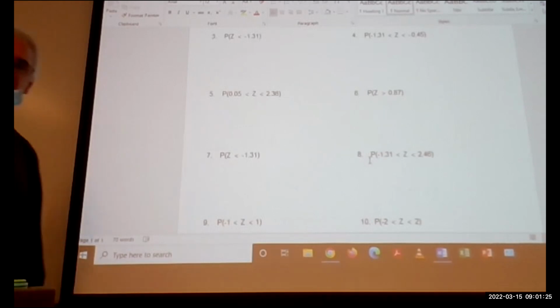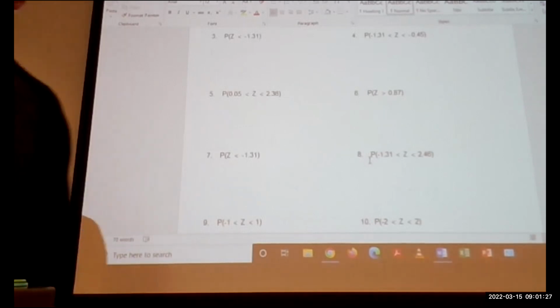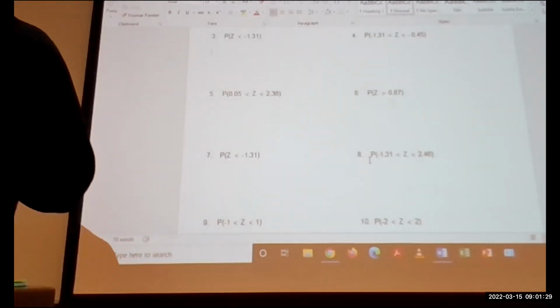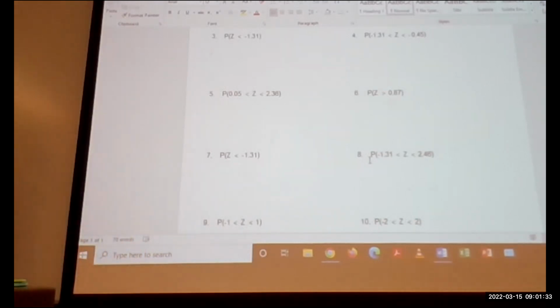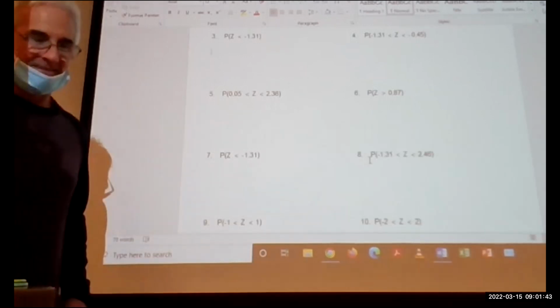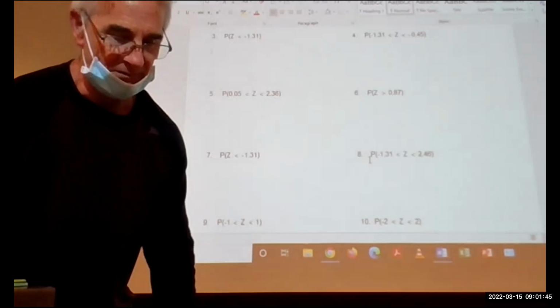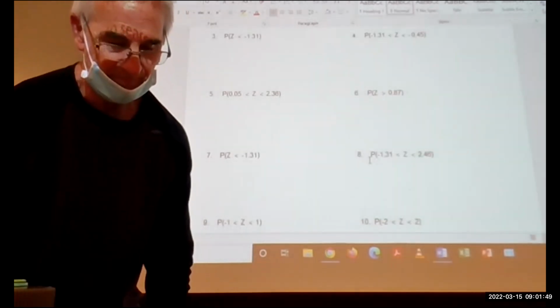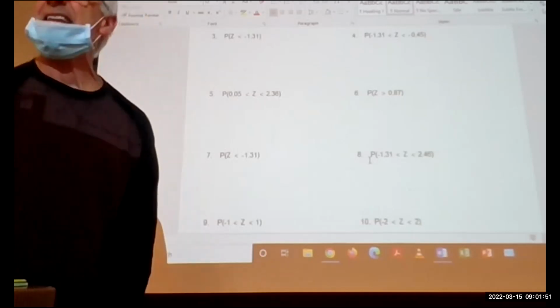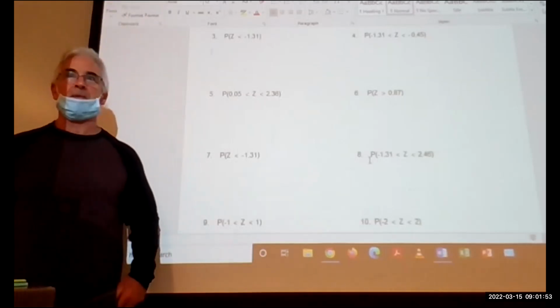What is the probability of being within 3 standard deviations of the mean? 0.9974. Does anybody else get that number?